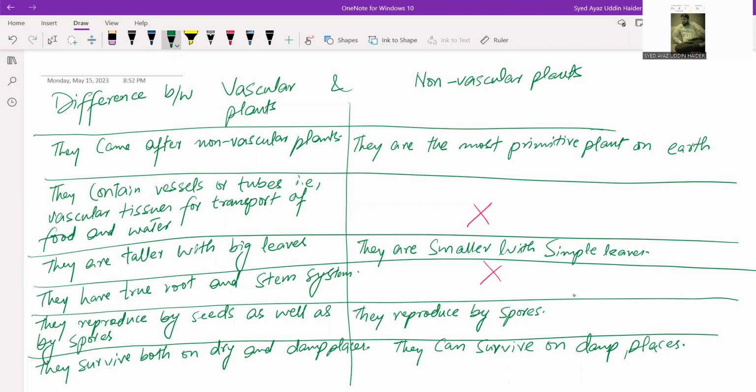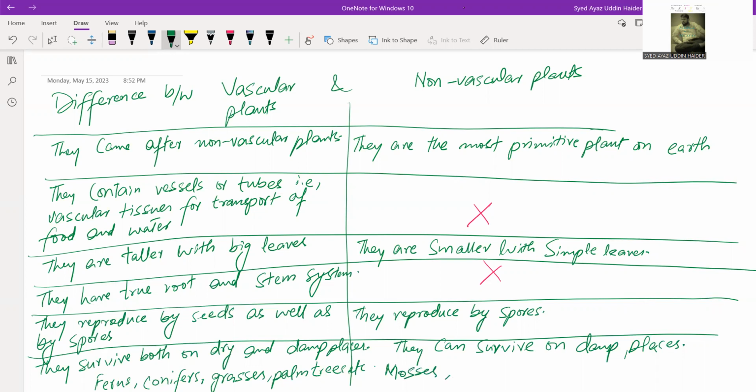Some examples of vascular plants include ferns, conifers, grasses, palm trees, etc. Non-vascular plants, we have mosses, different kind of mosses.